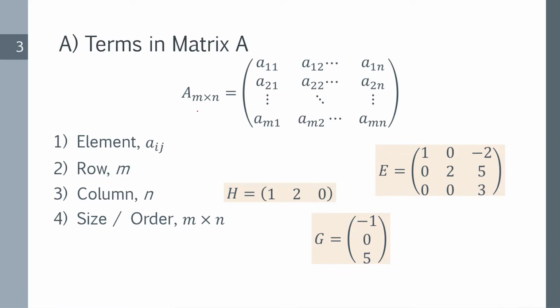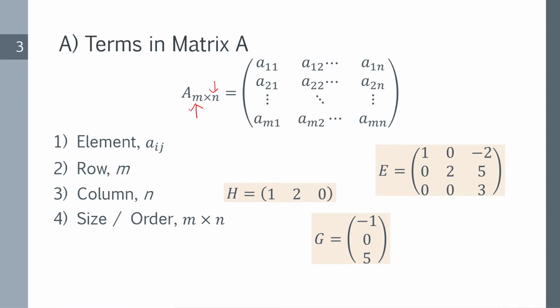The first number indicates the number of rows, and the second one indicates the number of columns. Each of the inputs inside our matrix we call an element.